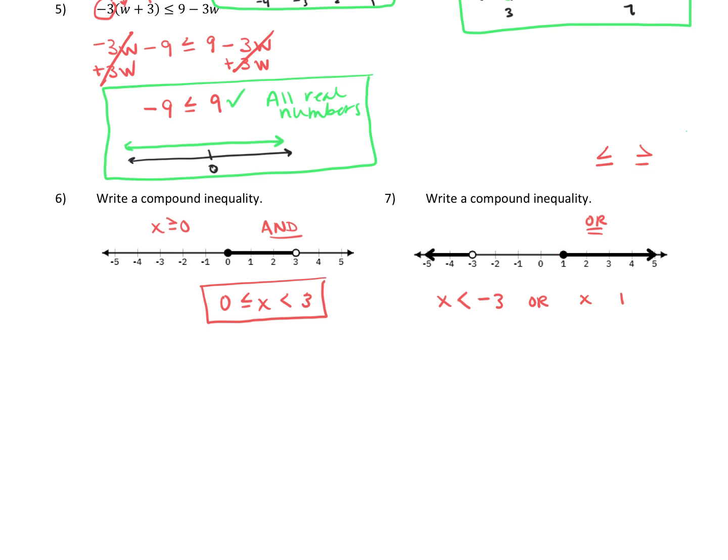And then we just have to see, well, which numbers got shaded? X is representing the shading. Did we shade the numbers less than the 1 or did we shade the numbers greater than the 1? We can see that we're shading all of the bigger numbers. So all of our x's are going to be greater than or equal to 1. And this is our compound inequality that represents that graph.